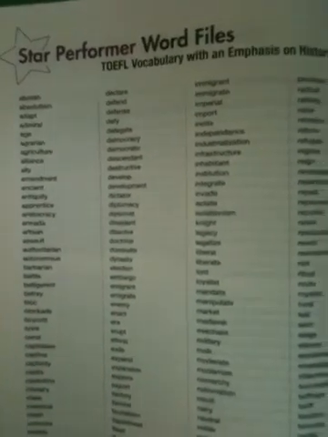Finally, at the end of each chapter, we have star performer subject topics. There are 10 short passages on different topics in history, and these topics are all ones that have appeared on the TOEFL test. After this part, we have our vocabulary section, which is divided into 2 parts.